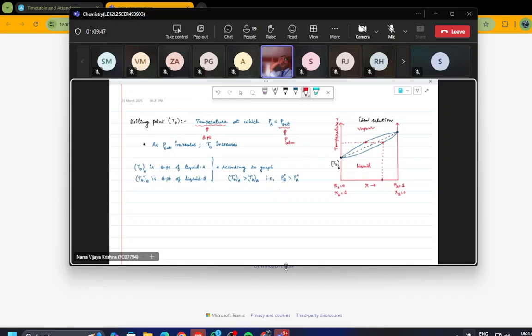Correct or not? Now I have collected those vapors into another beaker. I am decreasing the temperature of those vapors, and they will condense.